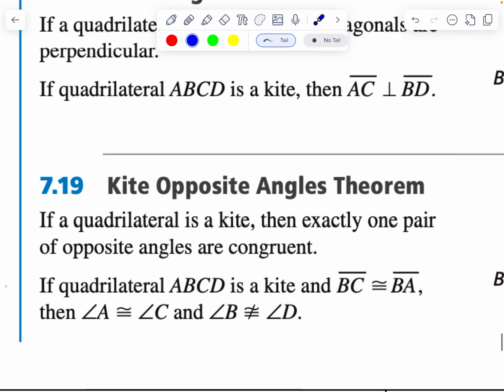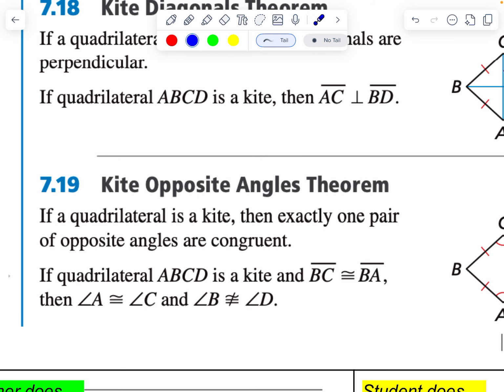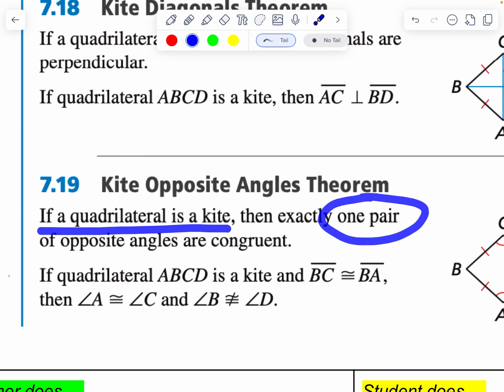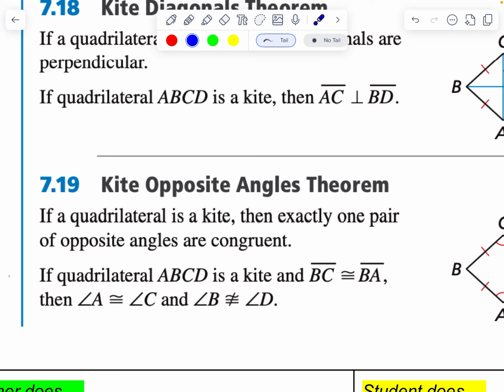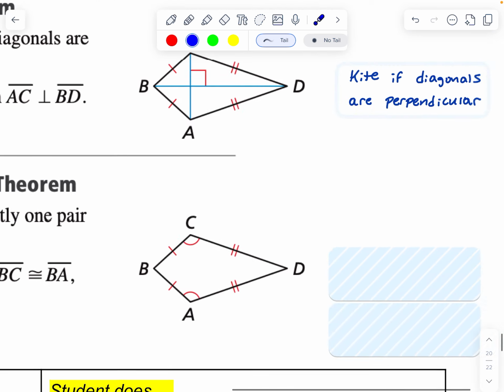This is a challenging property. The last one that we have is that if a quadrilateral is a kite, then one pair of opposite angles are congruent, but it's not just any random pair. There is a specific pair of angles that are our congruent angles.